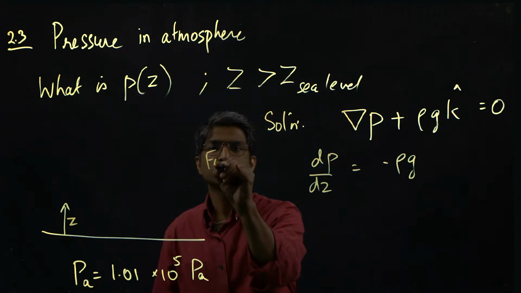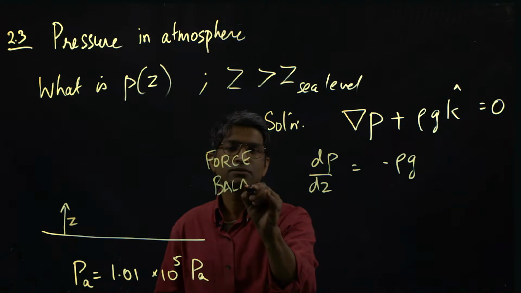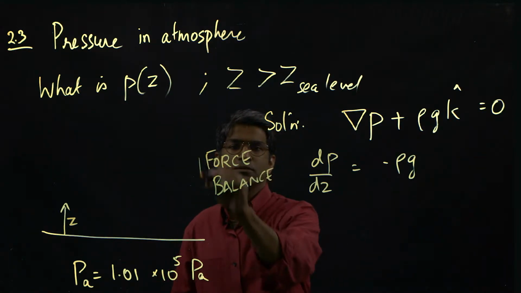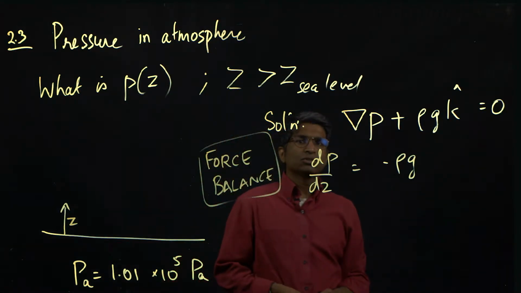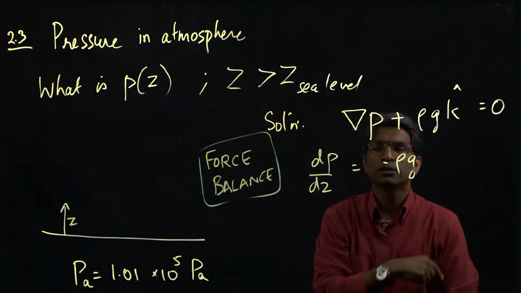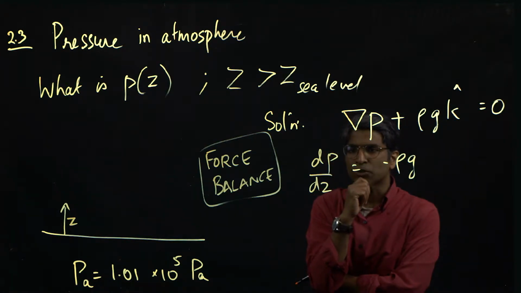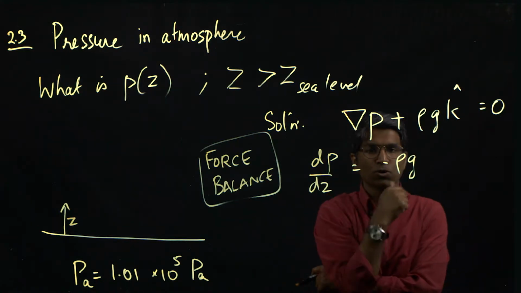This, to remind you, is a force balance. So we have an equation that looks at pressure variation as a function of rho. This is not very different from how in class we talked about pressure variation in water, except for water this rho was constant.